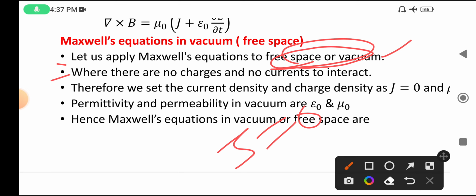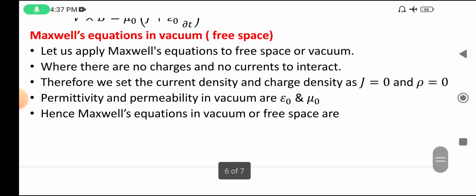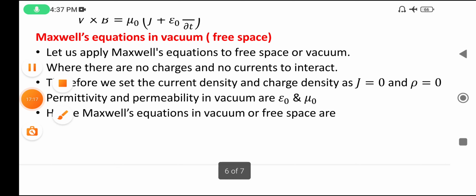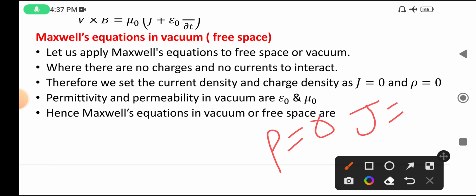When there is no current, no charges are present, then charge density is also 0. Current density and charge density both are 0 in free space. Why? Because free charges cannot be available. No charges means no charge density, and no charges flowing means no current density. That means rho and J values are zero. So rho is 0, J is 0.